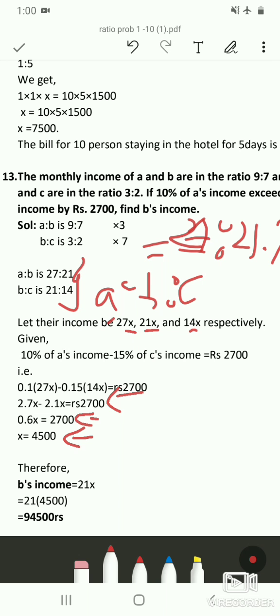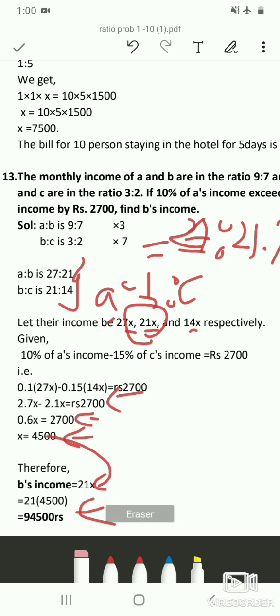They have asked to find B's income, which is 21x. Substitute the value of x as 4,500. So B's income would be 21 into 4,500, which is rupees 94,500.